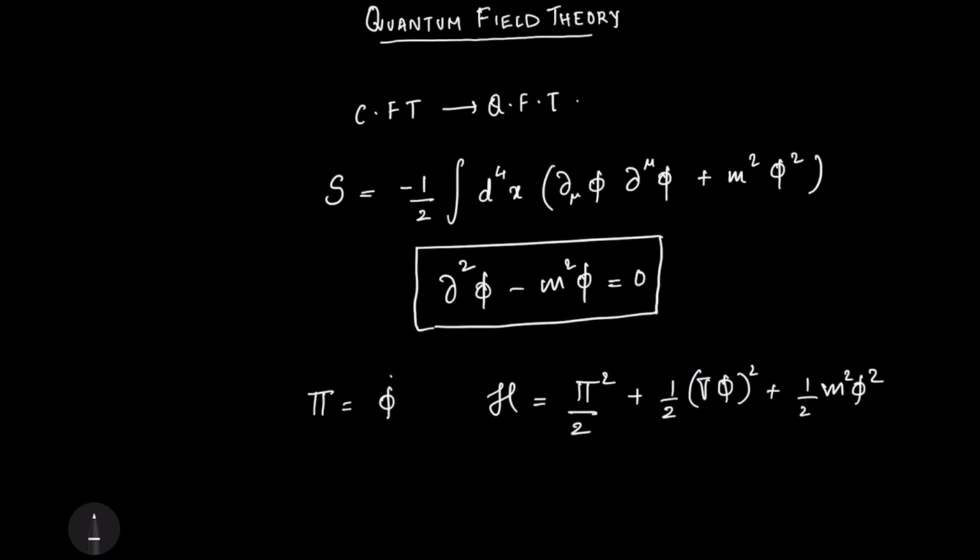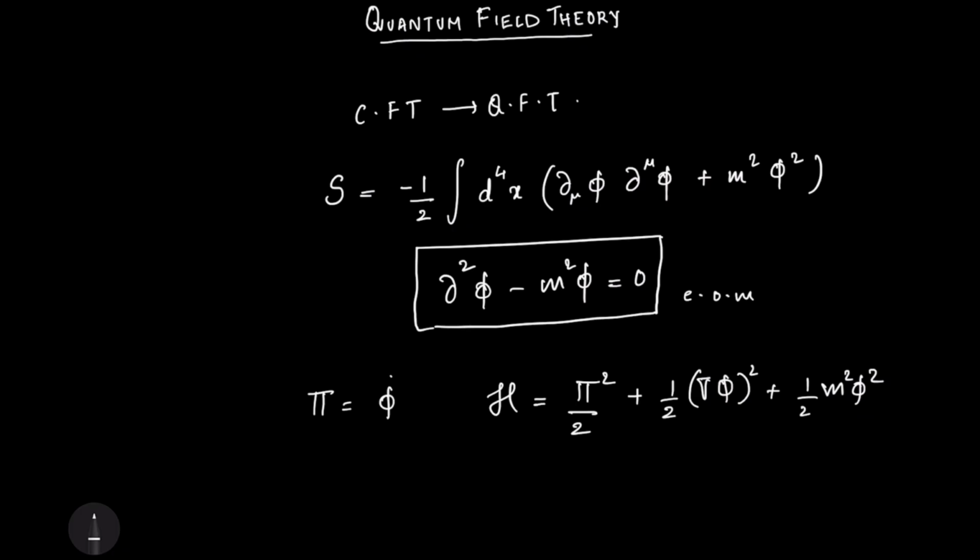Now let's solve this classical equation of motion. Because of the translational symmetry of the equation of motion, it is very easy to solve this differential equation in the Fourier space.